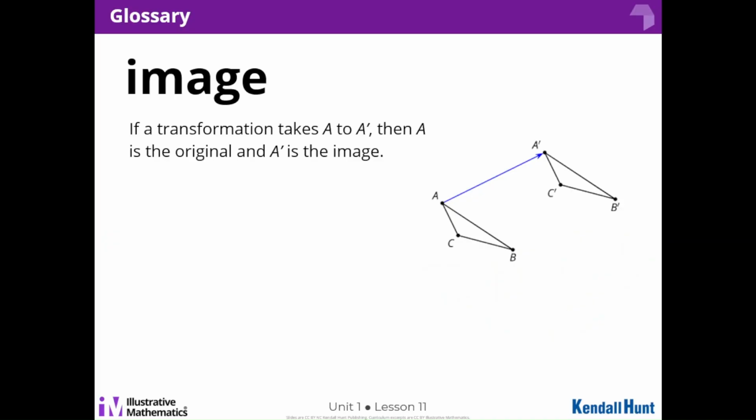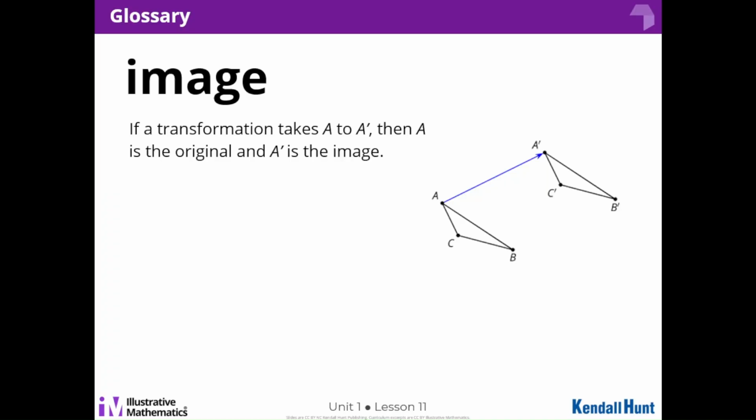Next, we have image. If a transformation takes A to A prime, then A is the original and A prime is the image. So if you notice on the right side of the screen, we have an example here. The bottom left triangle would be considered the original triangle with points A, B, and C. And then it is simply translated up and to the right.